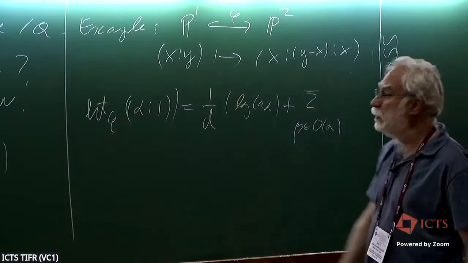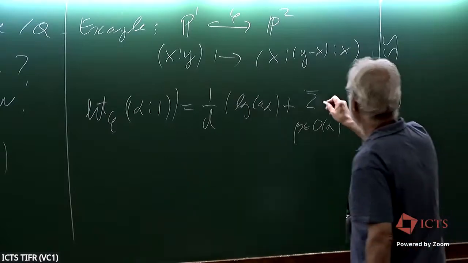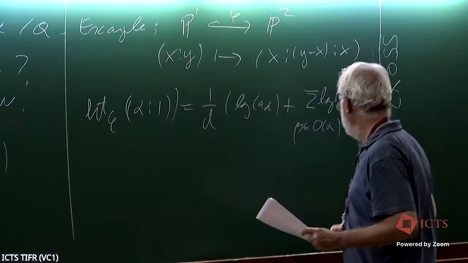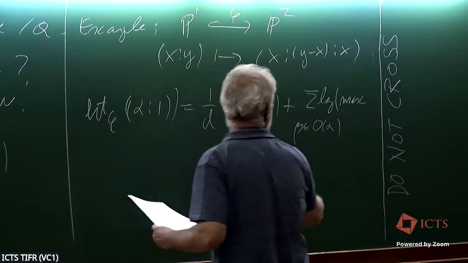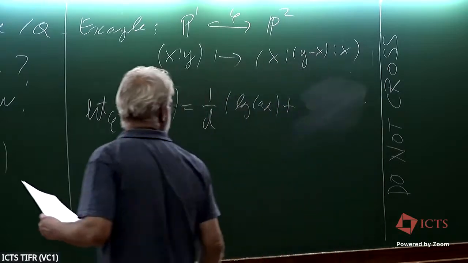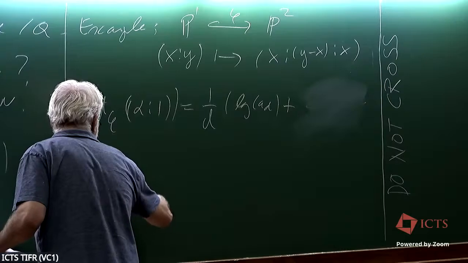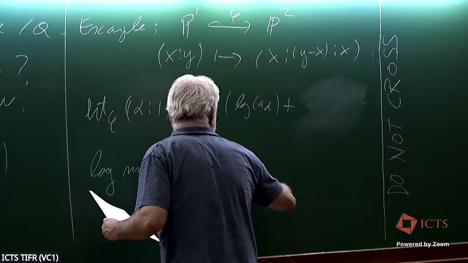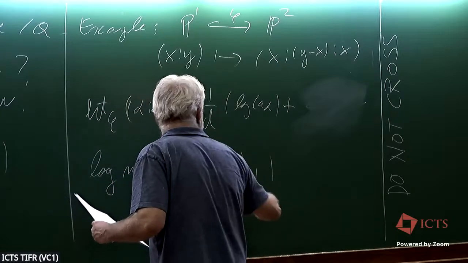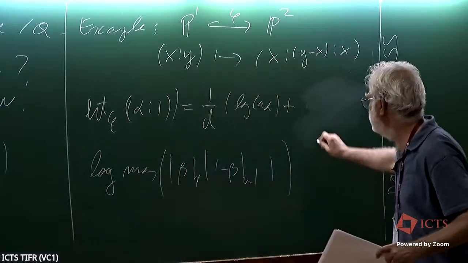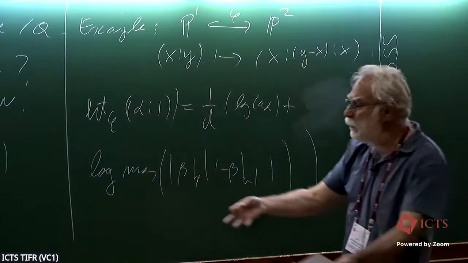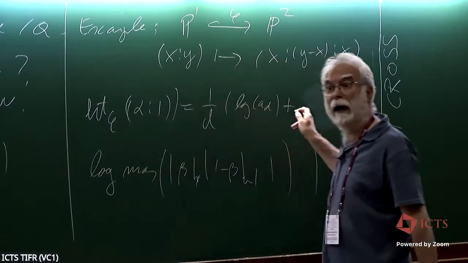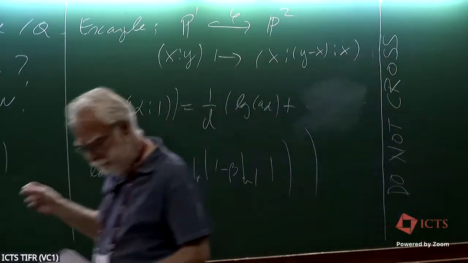And instead of the function log plus that I had there, I just get log of the max between absolute value of beta, absolute value of 1 minus beta, and 1. These are the adic absolute values. And this is this max. So you see, starting with the Weil height, just by choosing a different embedding into Pn, I now get a completely different height with different properties. Okay?